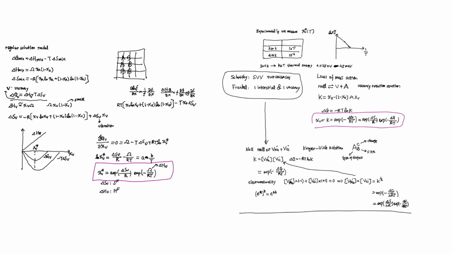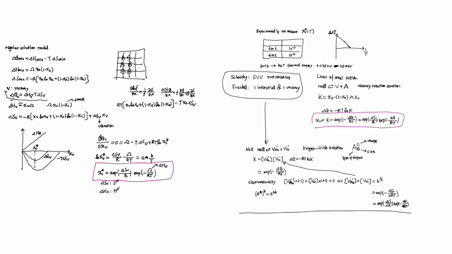So this is going to be the equilibrium composition. Again, why does this exist? The reason is when you create a vacancy, there's an energy penalty, because you cut the bonds. So the system does not want to do that. At the same time, when you create a vacancy, you increase the configurational entropy. So there is a benefit to creating vacancies.